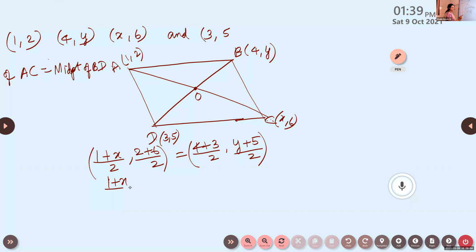So (1 plus x) by 2 is equal to 7 by 2. 2 we can cancel. So x will be 6. Similarly, find out y.